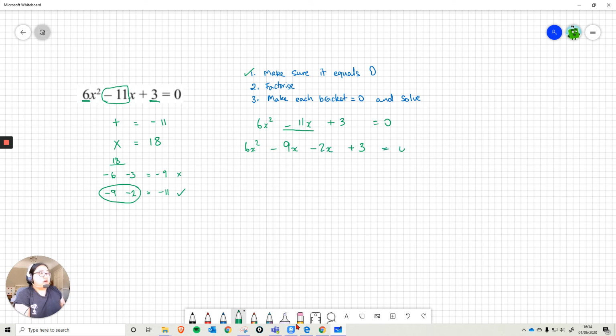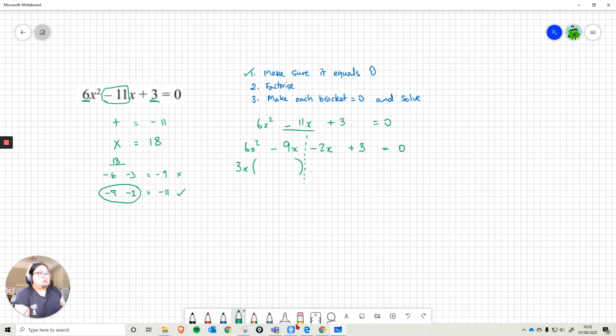Okay. And then we split it down the middle, and we factorize the first two terms, and then factorize the second two terms. So I'm going to look at the first two. They both have x in common, and they also can be divided by 3. So my highest common factor is 3x, and that's what I'm going to factorize out of my bracket.